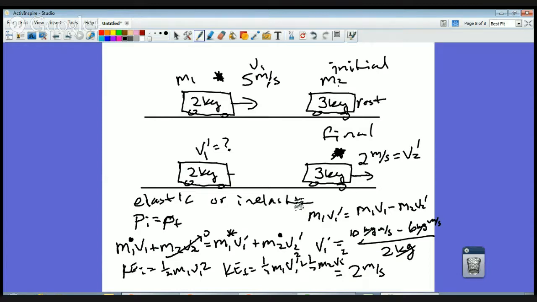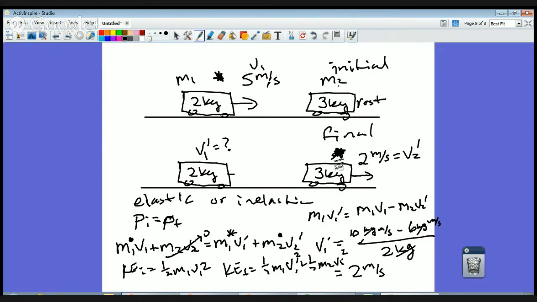So what we've got is, to start with, we had 1/2 of 2, that's 1, times 5 squared, that's 25, right? And then to end, we had 1.5 times 4, so that is 6.